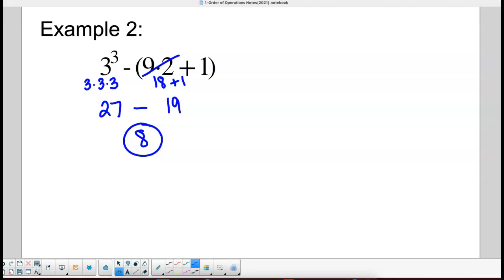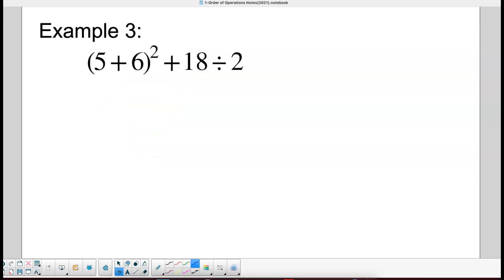So far, so good? Okay. I want you to try this one. See what you come up with. So example 3, try that one on your own. Grouping symbols first, then exponent, then multiply or divide, then add or subtract.